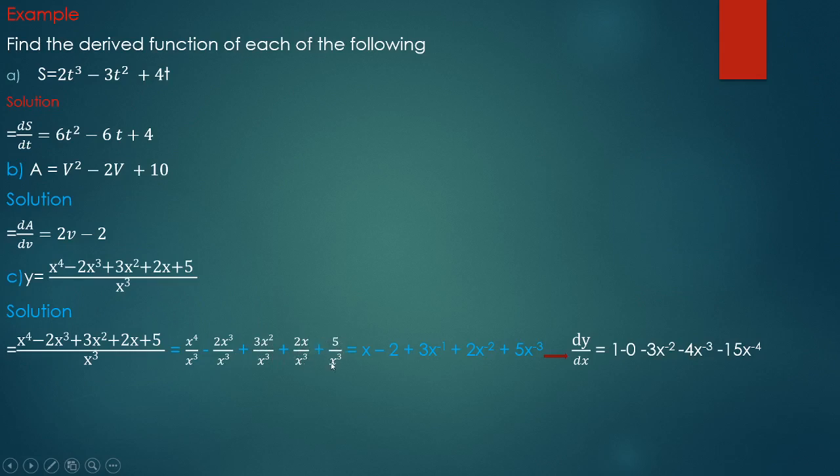Now you realize this one, x cubed comes here x times, so we shall have x minus x cubed cancels, so it is minus 2 plus x cubed. This one cancels, we remain with x here, can be raised upwards to be 3x power negative 1.